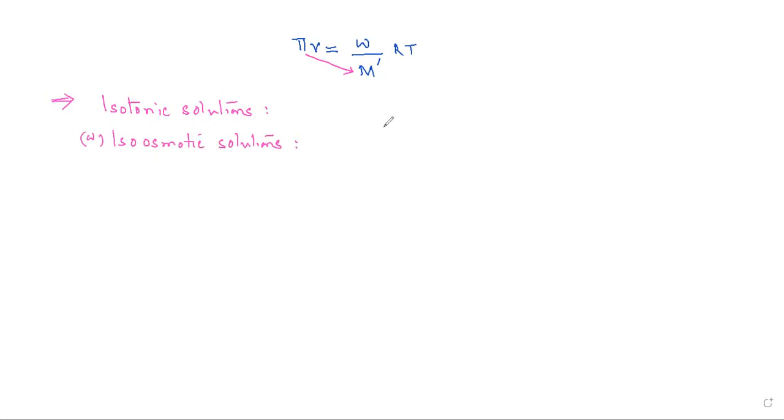These are the solutions having the same osmotic pressure, pi 1 is equal to pi 2. When they have the same osmotic pressure, they of course will have the same molar concentration, I mean same molarity.